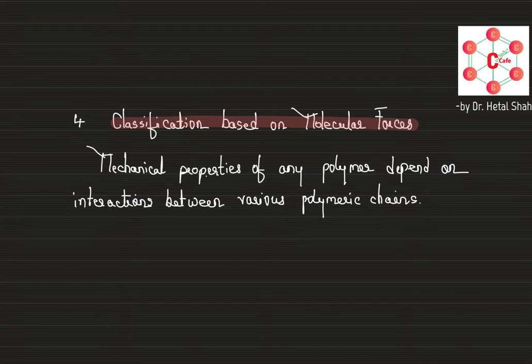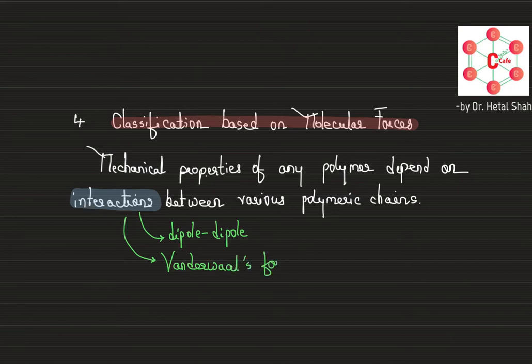Now, when I say interactions, what kind of interactions would be present in these polymeric chains? Let me tell you that. The kind of interactions present would be dipole-dipole type of interactions, simple van der Waals forces, hydrogen bonds, etc. So there are various types of interactive forces present between the polymeric chains.